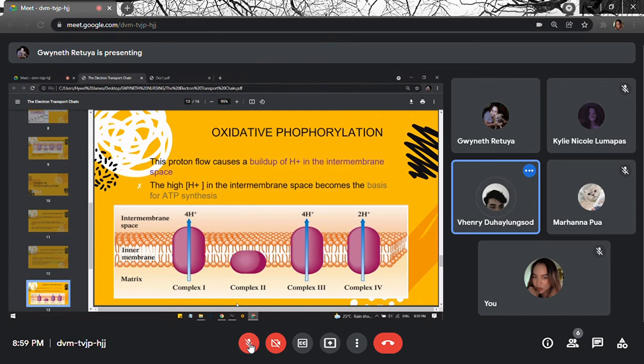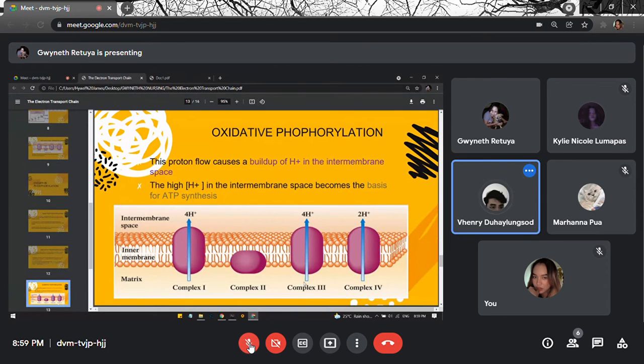The same can be said for complex 3: 4 H plus ions are also released from the matrix towards the inner membrane and outside into the intermembrane space. In complex 4, 2 H plus ions are instead transferred from the matrix towards the inner membrane and outside into the intermembrane space.